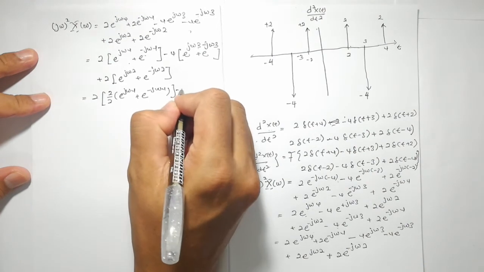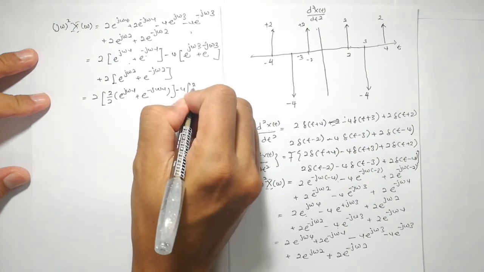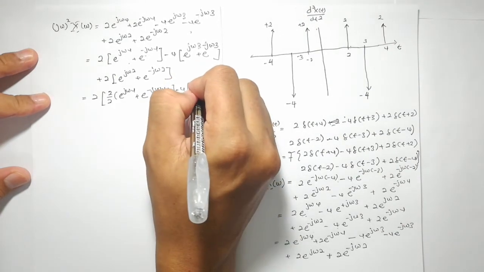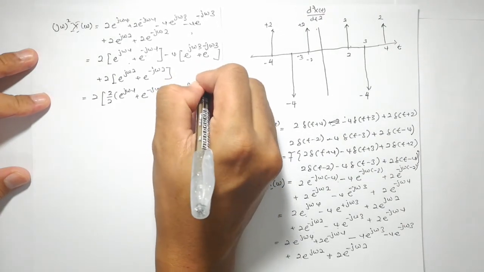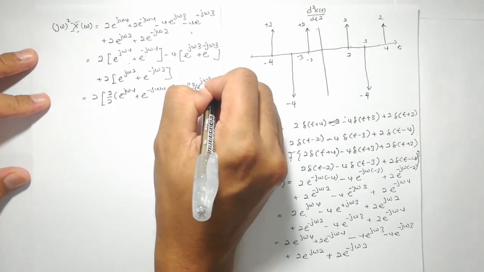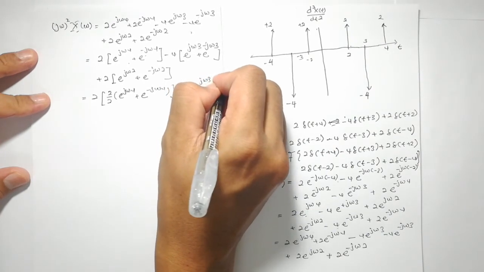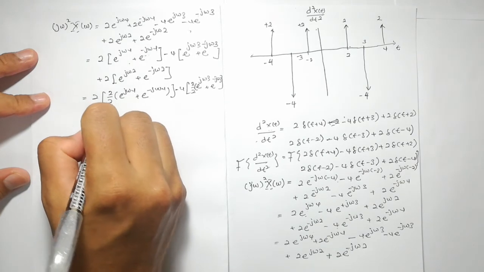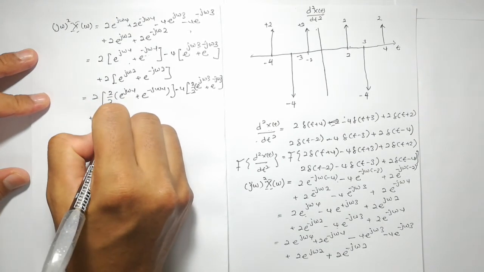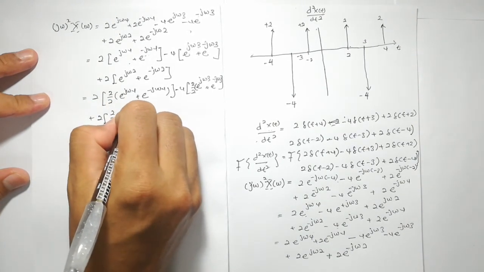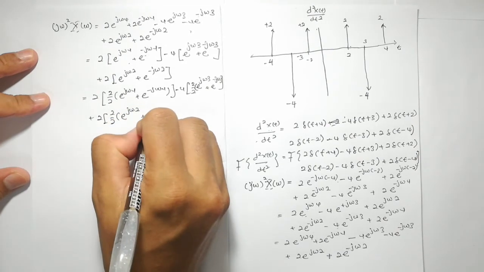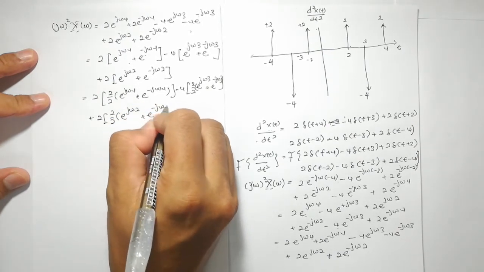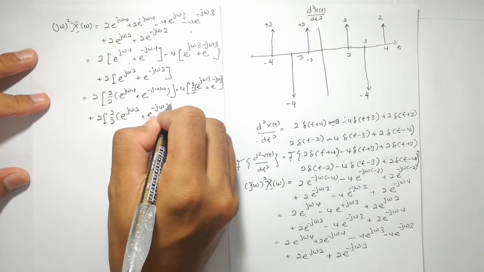and then negative 4 times 2 over 2, which is e^{jω3} plus e^{-jω3}, and then the last one will be plus 2, 2 over 2 e^{jω2} plus e^{-jω2}.